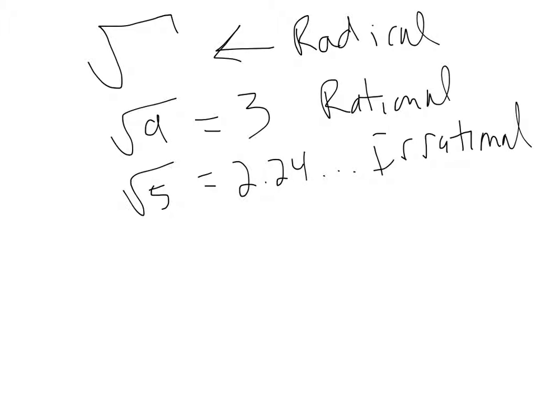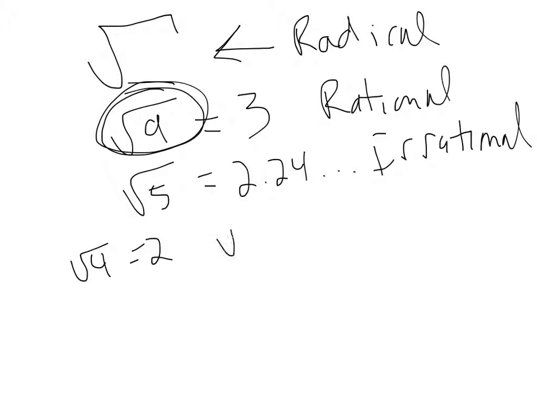So you might be wondering right now, or I hope you're wondering, why some square roots or some radicals will generate a rational number and some won't. Well, that's because when numbers that are inside a radical are what we could say perfect squares, then we're going to generate a rational number. So for example, square root of 4 is 2. Square root of 9 is 3.